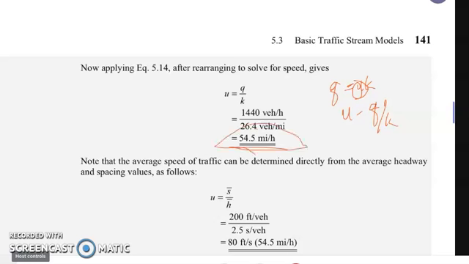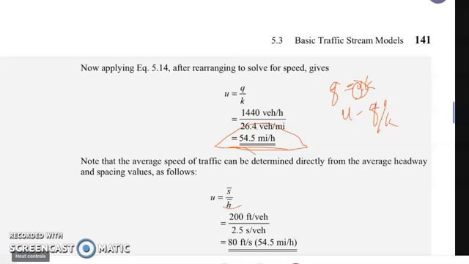Now for the average speed. We can also identify the average speed since we have our headway, denoted by bar H, which is 2.5 seconds per vehicle, and our spacing S, which is 200 feet per vehicle. Therefore, this is the average spacing, 200 feet per vehicle.